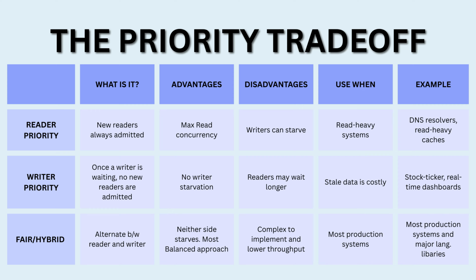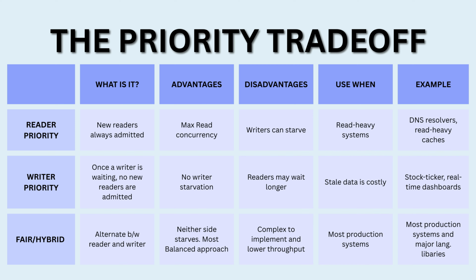Next, writer priority. Once a writer is waiting, no new readers are admitted. Writers get in as soon as current readers finish. No writer starvation, but readers may wait longer on write-heavy systems.